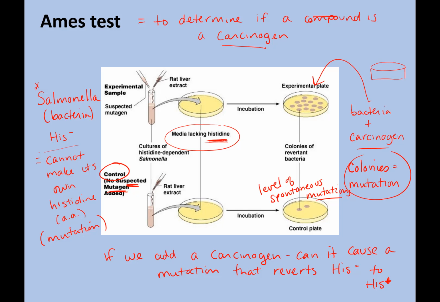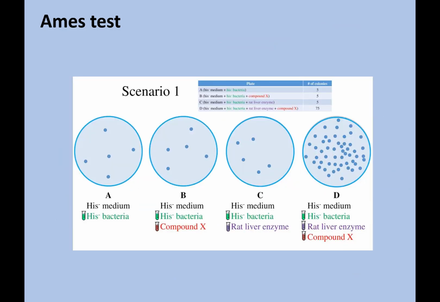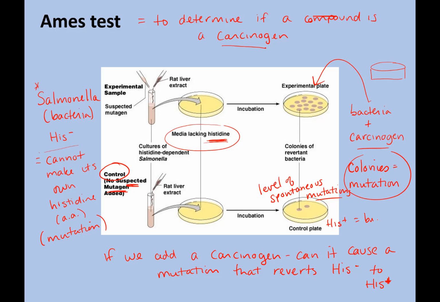So you're always going to have some level of cells that can spontaneously get these mutations and become His plus. That's your background level. Okay. And you compare the number of colonies with the experimental plate to the control plate. And if there's more colonies in the experimental plate, that means that this chemical that you added caused mutations.